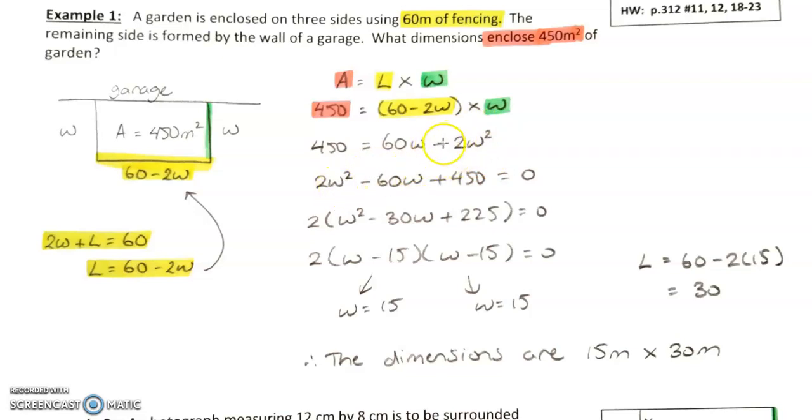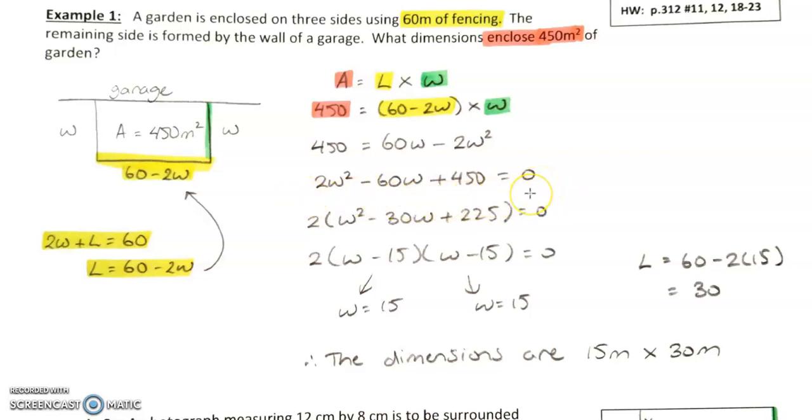So since it's a negative, I'll probably take this entire term and bring it to the other side, which makes it a positive. I may as well bring the 60W over to the other side as well, so it becomes negative 60W. That 450 didn't move, so it's still positive. But that equal sign is right here, and there's nothing else on this side anymore, so I get an equals 0, which is what I want.